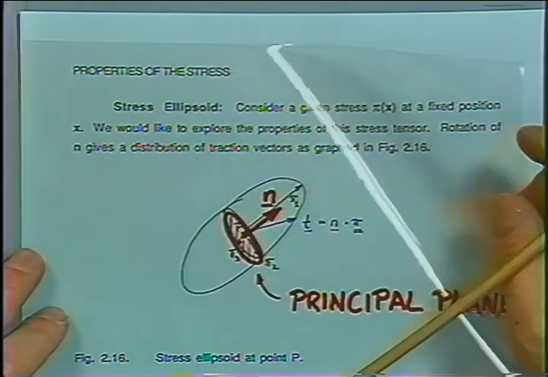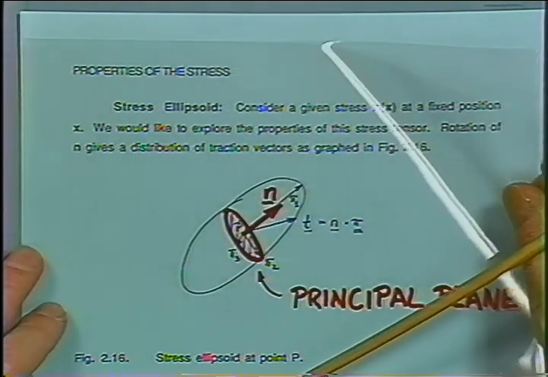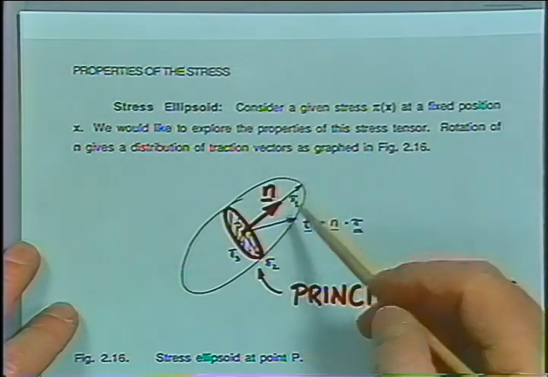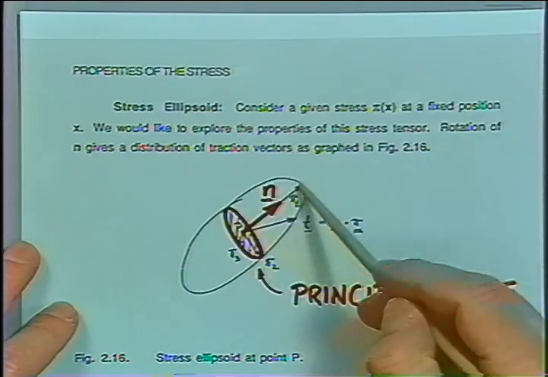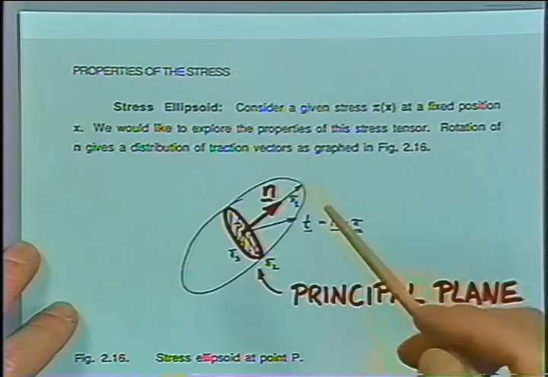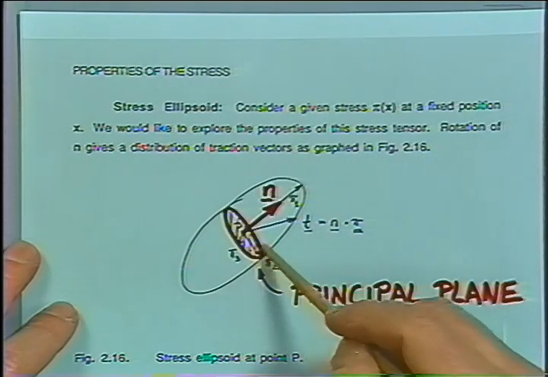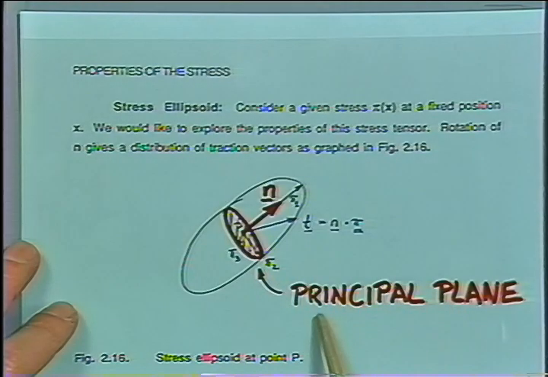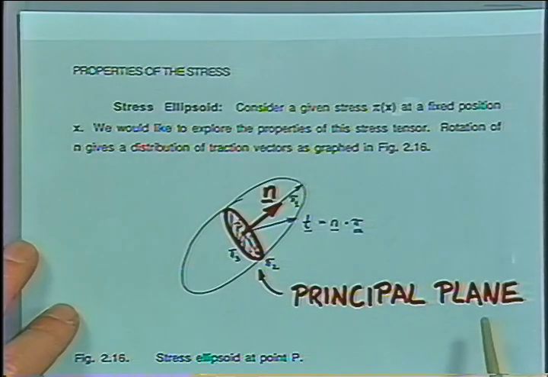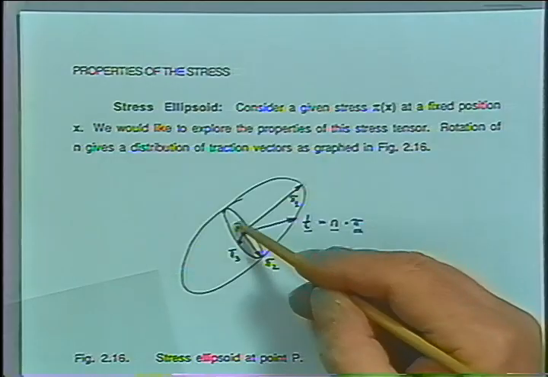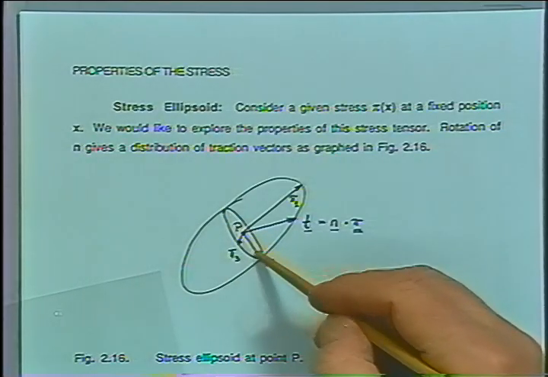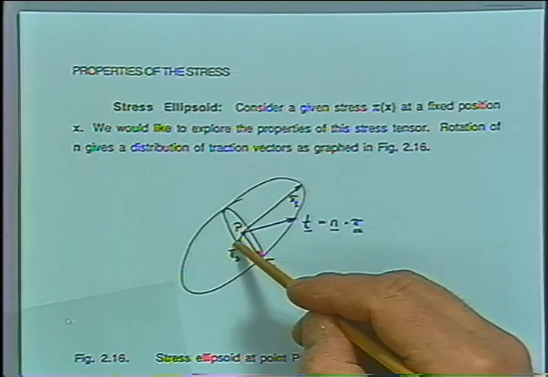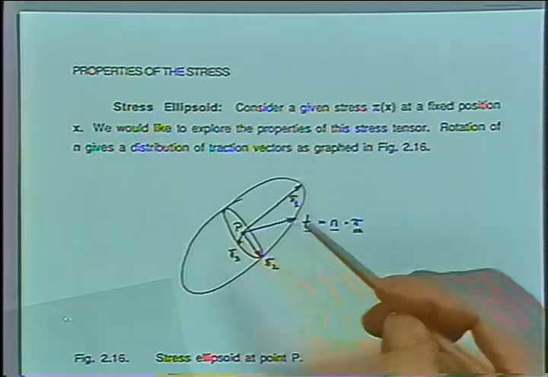Okay, now let's draw this area element in here, which is associated with the traction going along the longest axis. And it turns out that this area element, a principal plane, is in the cross-section of the ellipsoid, and the second and the third principal stress are lying in that plane.